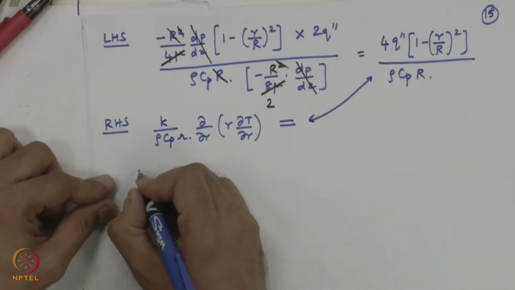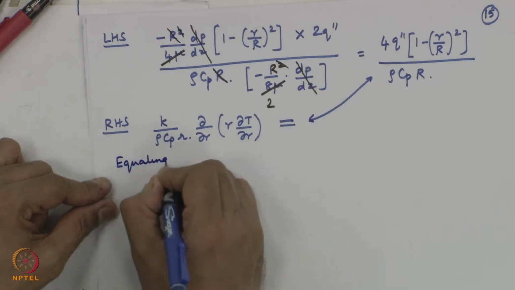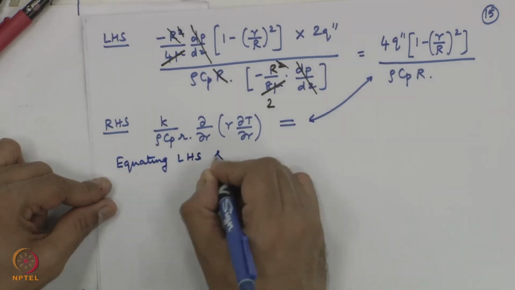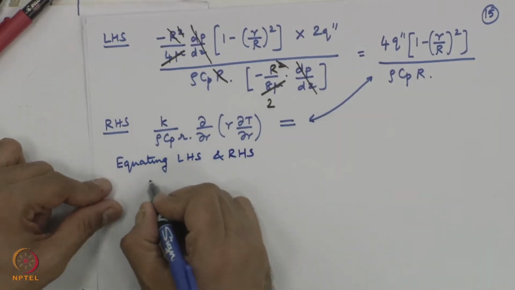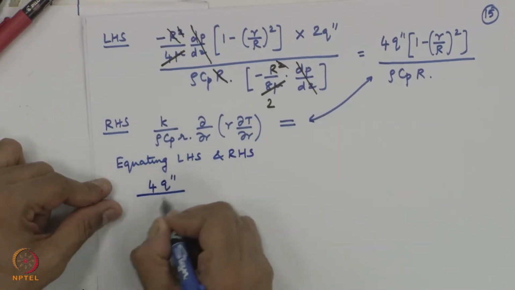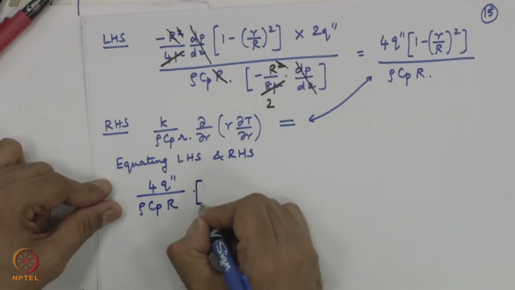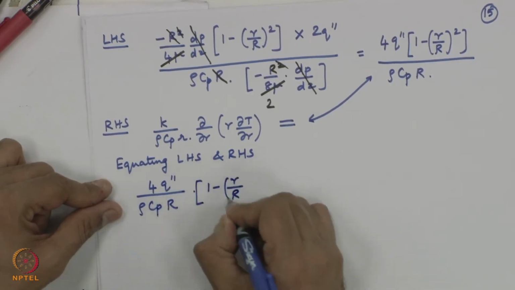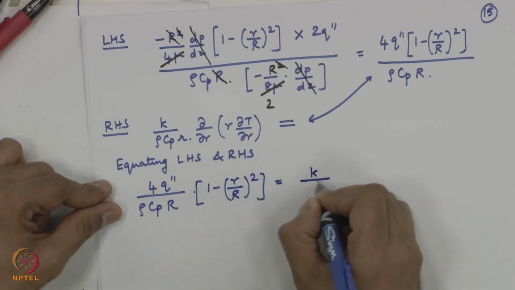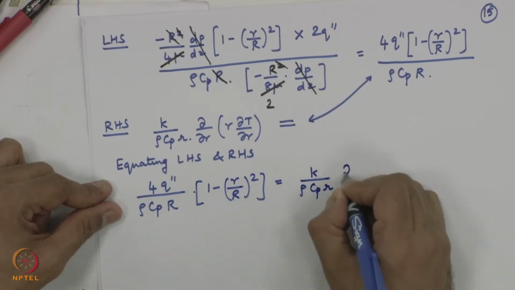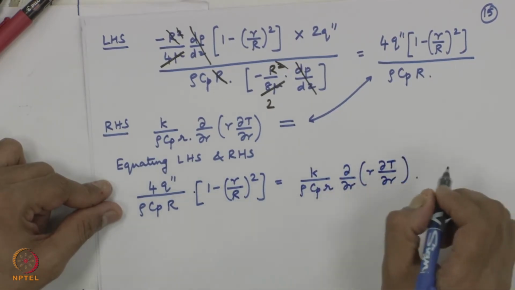I write left hand side equating LHS and RHS, I get 4 q double prime by rho Cp r times 1 minus small r by capital R whole squared is equal to k over rho Cp small r d/dr of r dT/dr.